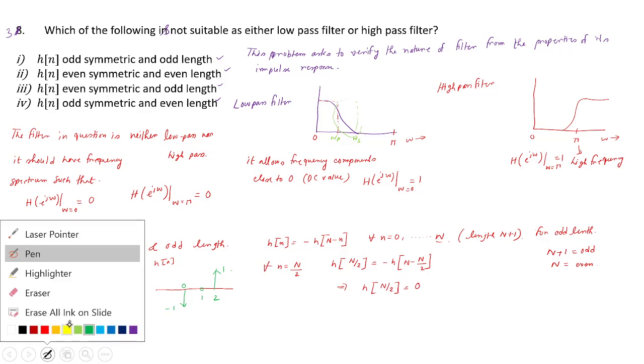So what is the spectrum of h[n]? Let me write it here.